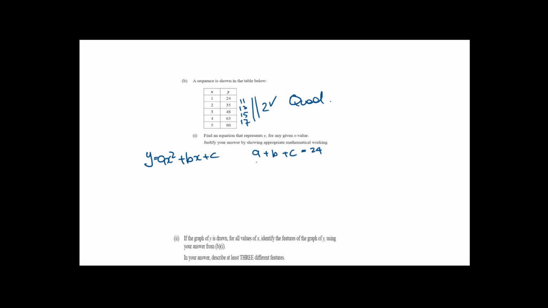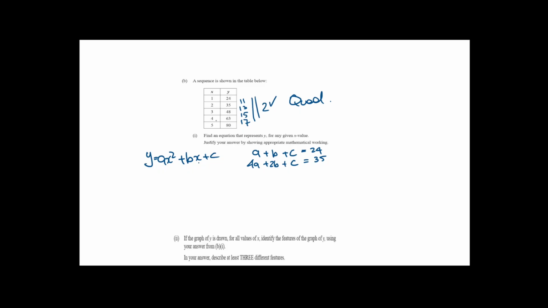So 2 squared is 4 times a, plus 2b, and c just goes along for the ride, equals 35.